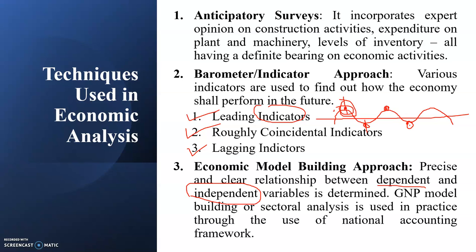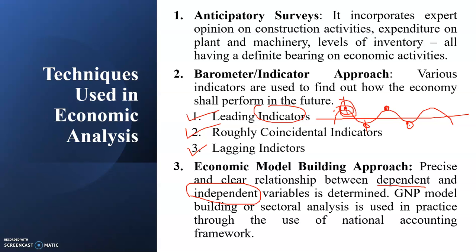This is basically an econometric approach where interrelationships are drawn between different economic variables. Suppose we have employment and demand, or we may have GDP and growth. There may be various interrelated factors, and based on this we can assume how these things will affect the economy.